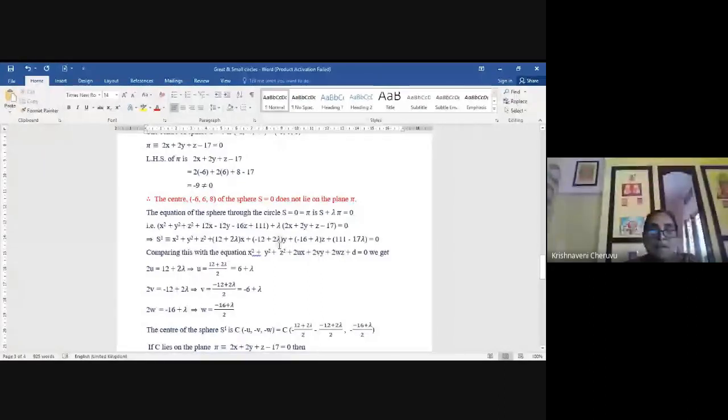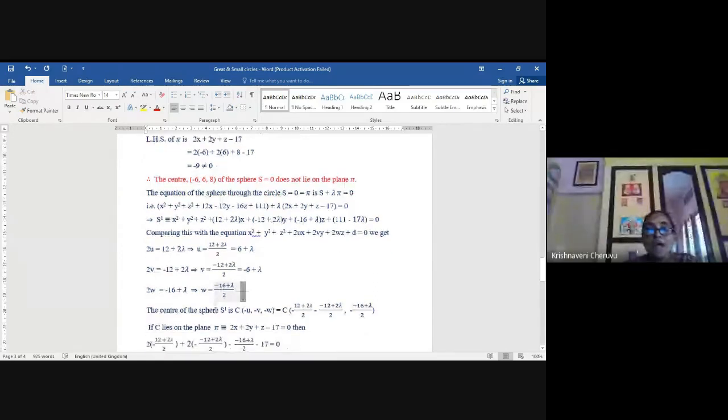When you equate them, you get 2v equal to minus 12 plus 2 lambda, from which you get the v value. Next, compare the coefficients of z. Here the z coefficient is 2w. Here the z coefficient is minus 16 plus lambda. When you compare them, 2w is equal to minus 16 plus lambda, from which you get the w value.